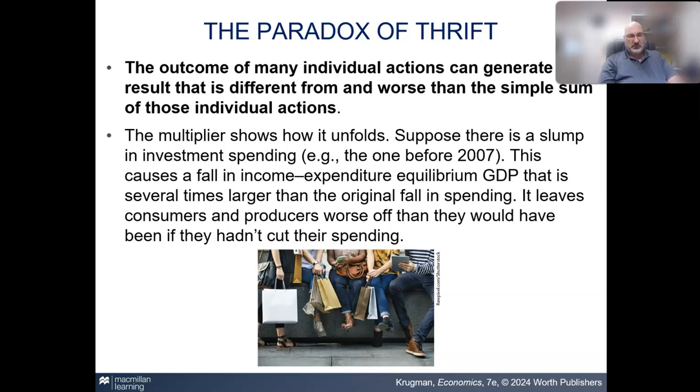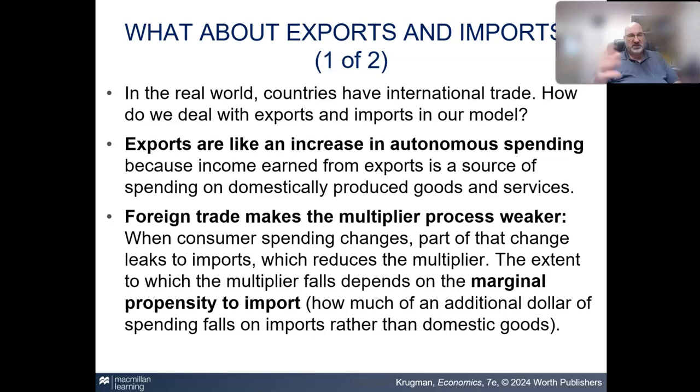It leaves consumers and producers worse off than if they hadn't cut their spending. If you just left well enough alone and let people save at the rate that they want to, it wouldn't have happened. The forced saving is what messes that up.